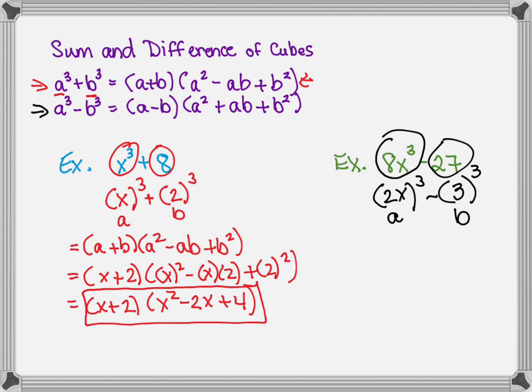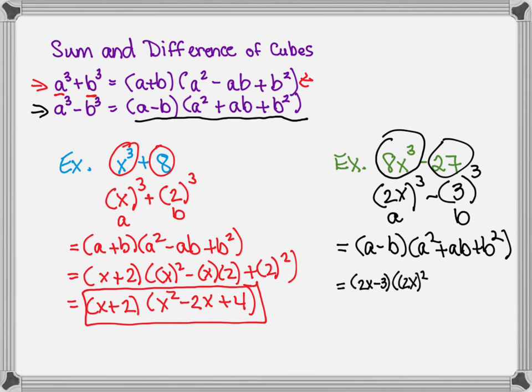Now I'm using the difference formula, which is the second one. So let's write down the right-hand side, a minus b times a squared plus ab plus b squared. Let's substitute in our a and b. So I have 2x minus 3 times 2x in parentheses squared plus 2x times 3 plus 3 quantity squared.